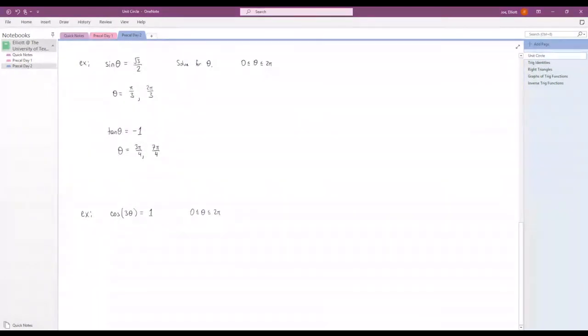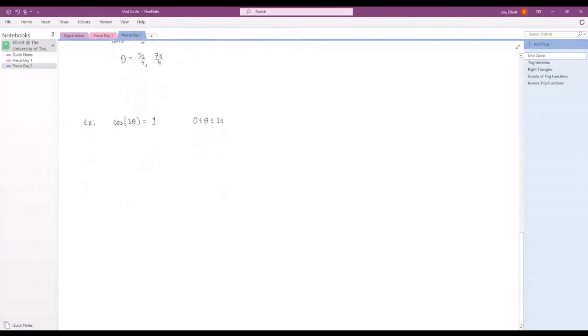So how would we go about solving an equation like this? Let's think about where cosine is equal to 1. You maybe treat 3 theta as a single quantity first.